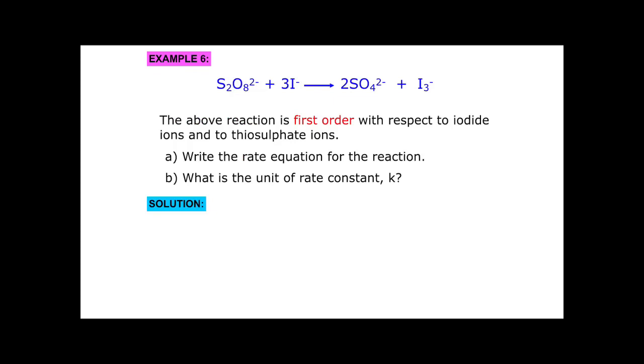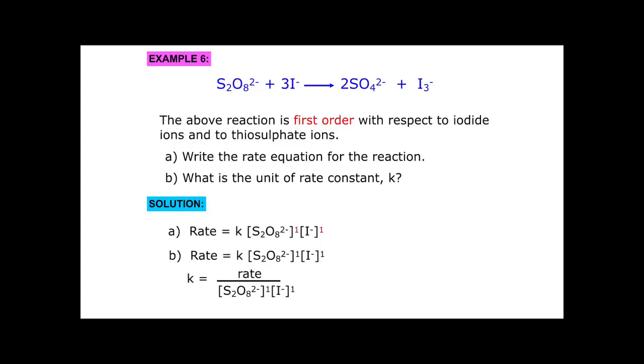If we look at the question, it says that the order of reaction with respect to iodide ions is first order, and with respect to thiosulfate ions is also first order. So we can write the rate law as rate equal to K concentration of thiosulfate to the power of 1 concentration of iodide to the power of 1.